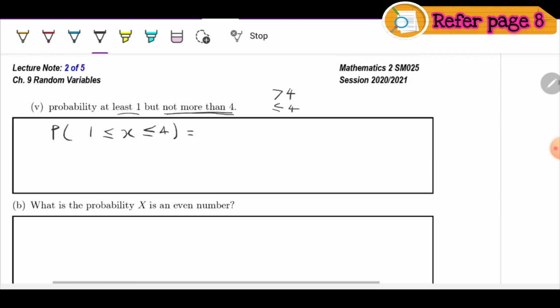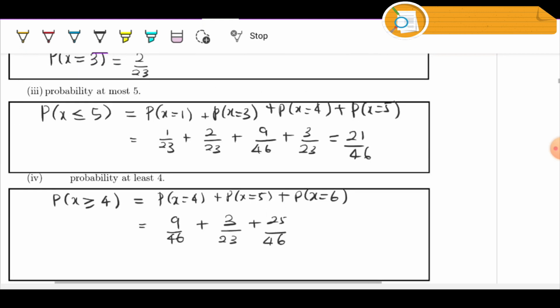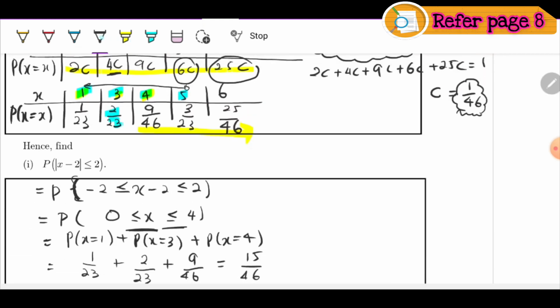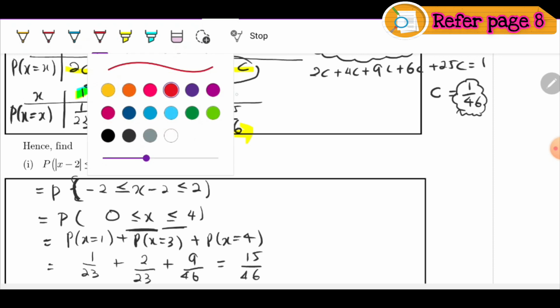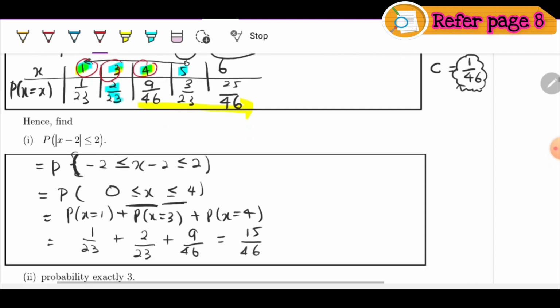So to find the probability x greater than or equal to 1 and less than or equal to 4, look at the table. So we can take the values of 1, 3, and 4.